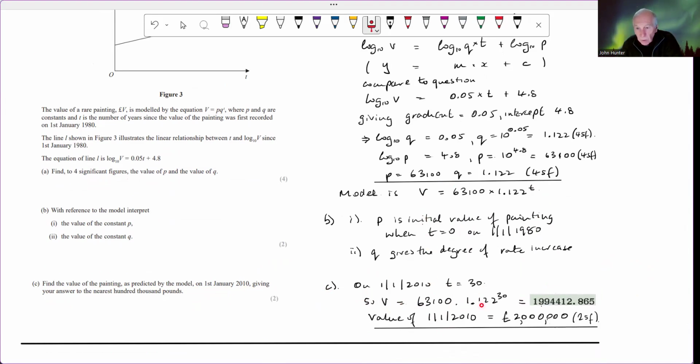And so when we work that through, we get this figure out of the calculator. It's a rather surprising figure, in actual fact, even for me, and I've done quite a few of these, is that this painting is now worth an absolute fortune. And I think that is to the nearest £100,000 there. Yeah, quite worth quite a lot of money.